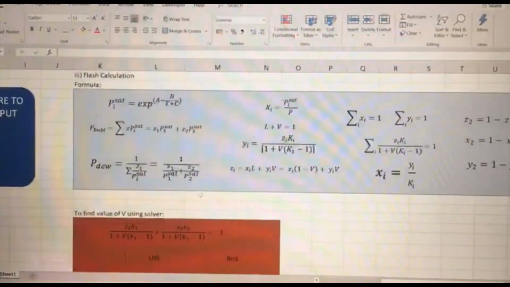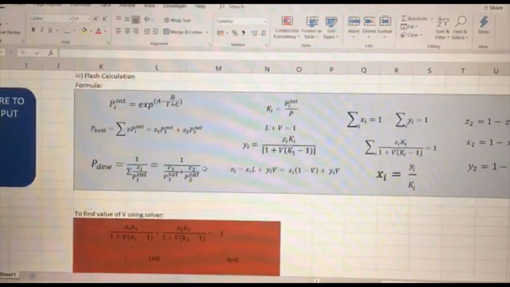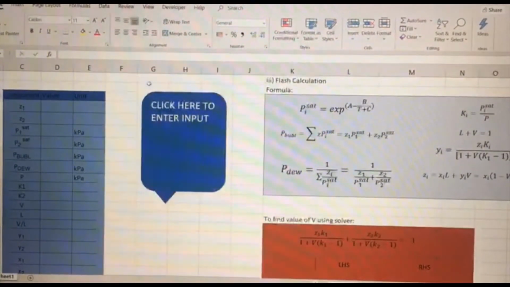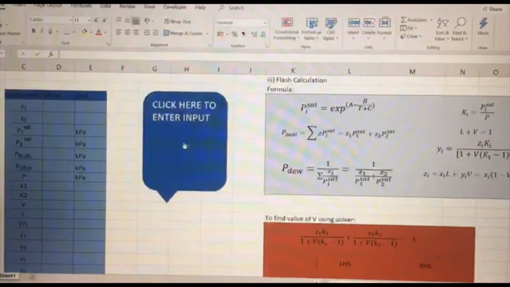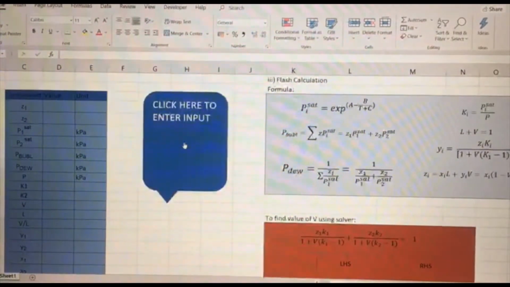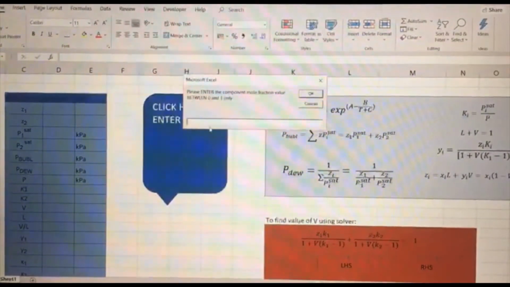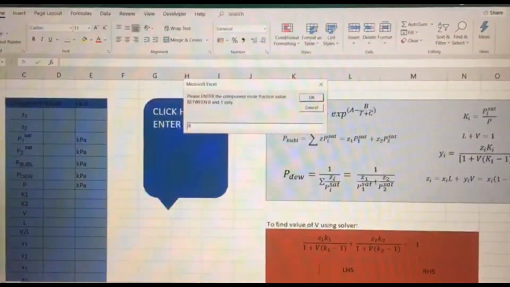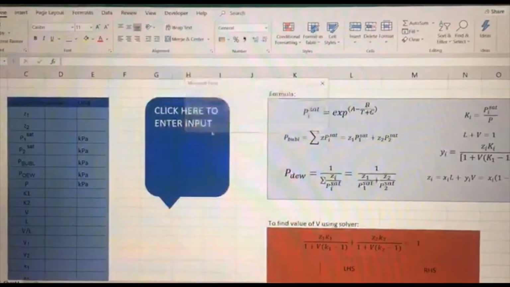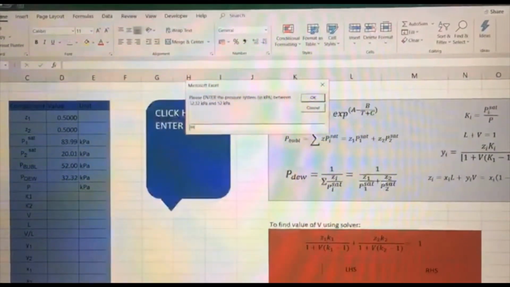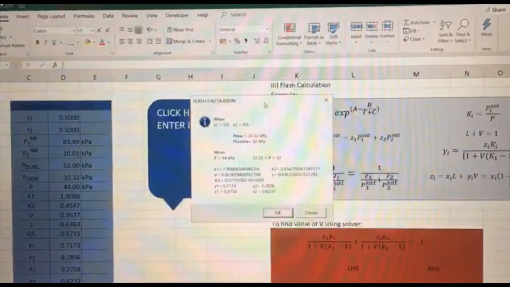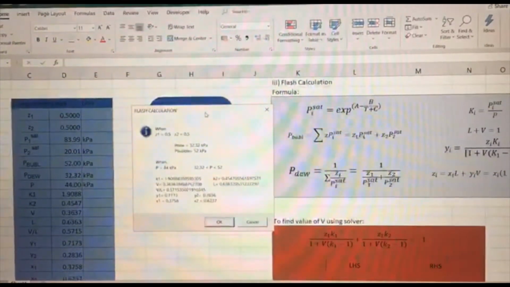P1 set and P2 set we take from the earlier reading, and for this part the user needs to enter the value of Z1 and the pressure of the system. Let's say we take 0.5 and a system pressure of 44 kilopascal. The macro will calculate.